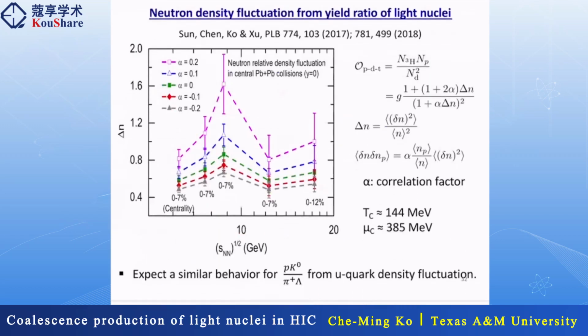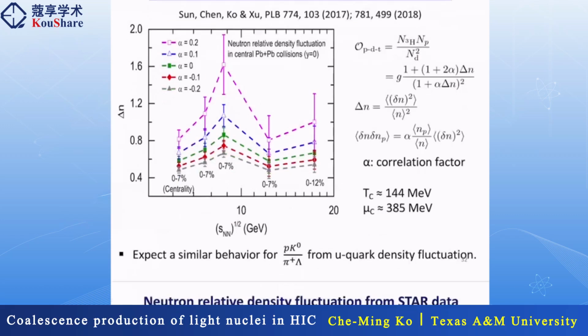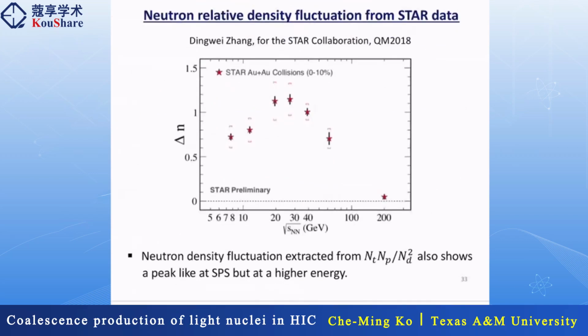Now, finally, I'm already at 1 hour, sorry. You have seen this before, this idea of Kaijia Sun, Lie-Wen Chen, and Zhangbu Xu. They said that from the beam energy scan of the deuteron, this ratio, triton times proton over deuteron squared, is sensitive to the neutron density fluctuations. So the data from SPS, someone thinks there's a peak over here. And also RHIC, you also see something over here.